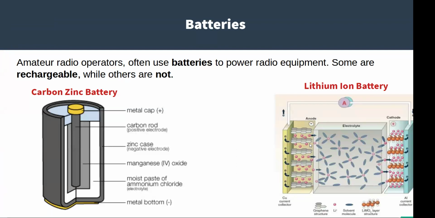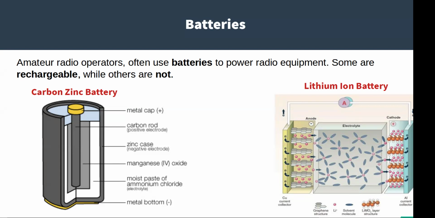Okay, batteries, another component. You're familiar with flashlight batteries. Those are carbon zinc. It's a non-rechargeable battery, and it works with a chemical process between the zinc and the carbon and whatever that electrolyte is.